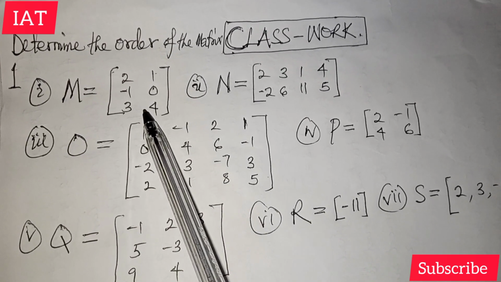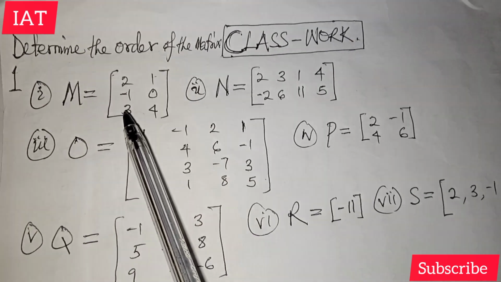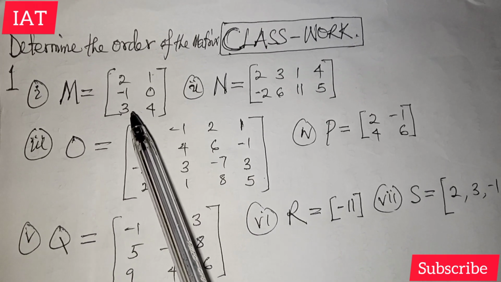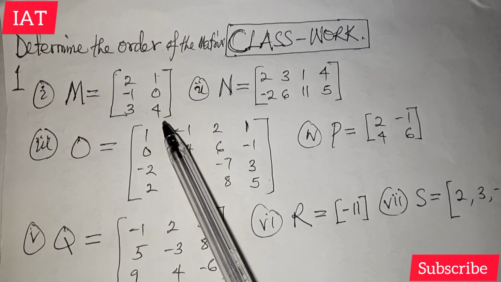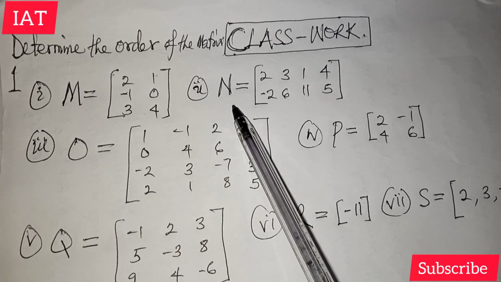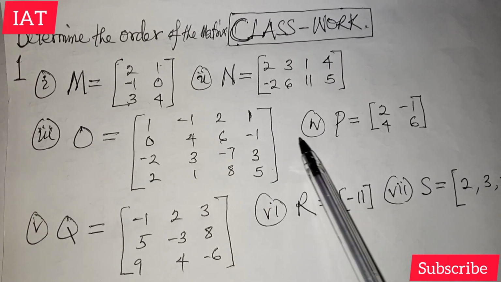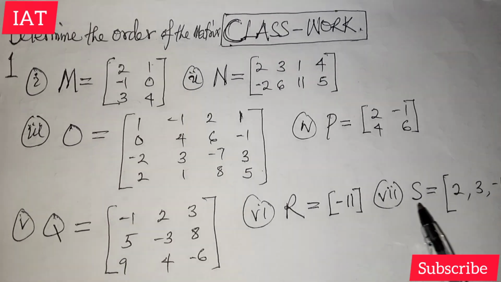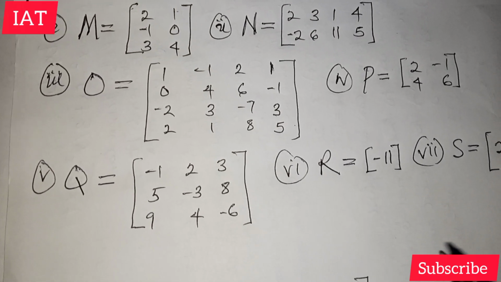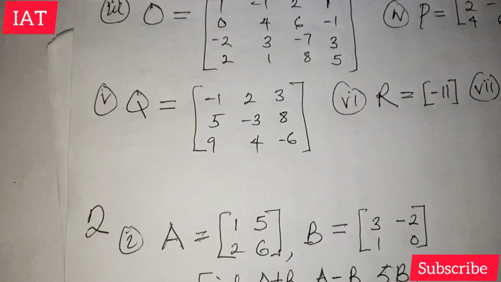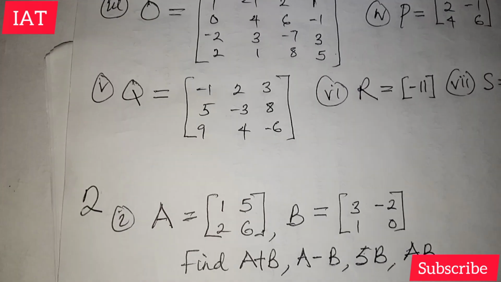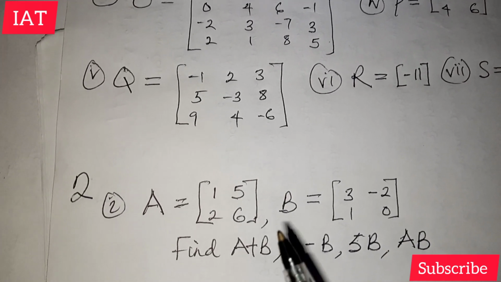Then place the order of this. Is it 2 by 2? Is it 2 by 3? Is it 3 by 4? Is it 4 by 4? Let us know your inputs. And also do the same to this, and this. Then secondly, we have also discussed addition, subtraction, multiplication of matrix.